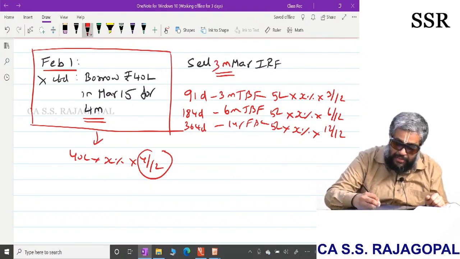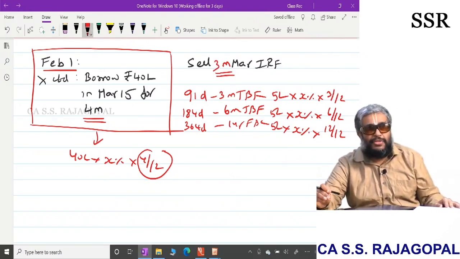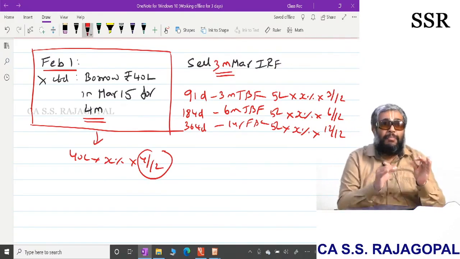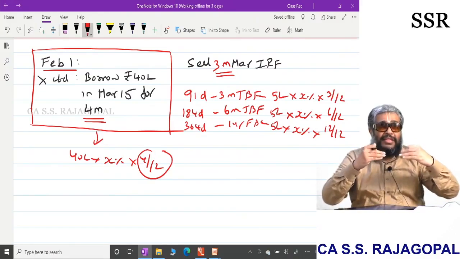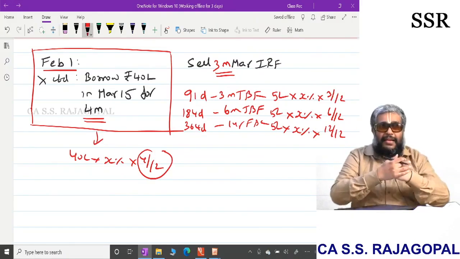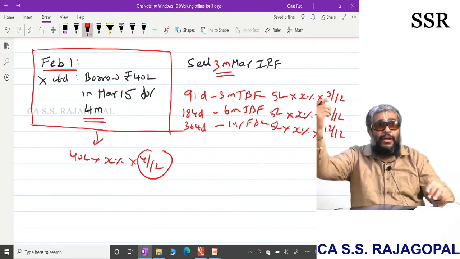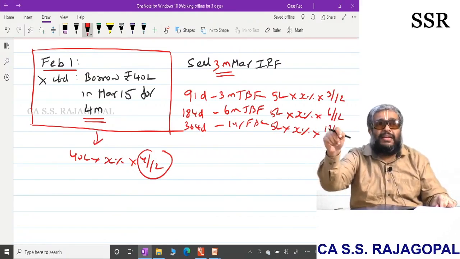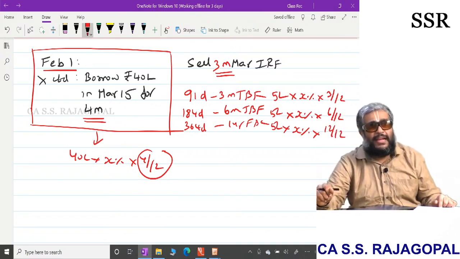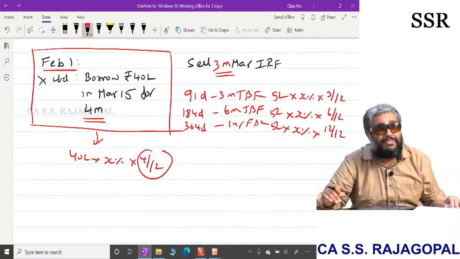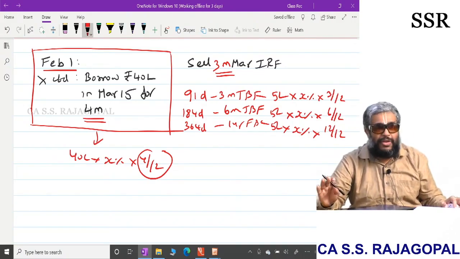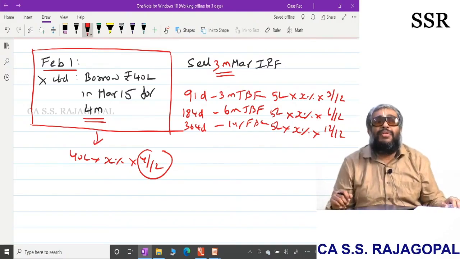I have only 3 months futures, 6 months futures, etc. That means my loan period interest risk is a risk of a 4 months loan period. The interest risk is not matching with the futures gain or loss calculation period like 90 days, 180 days, etc. This situation we call a maturity mismatch. Everybody understood what I am trying to discuss or not?